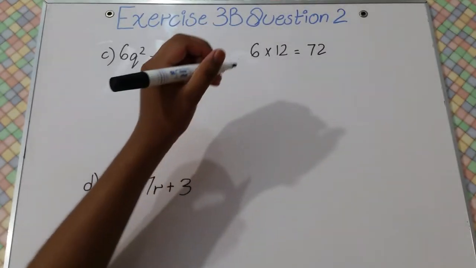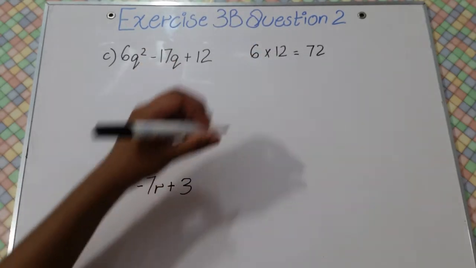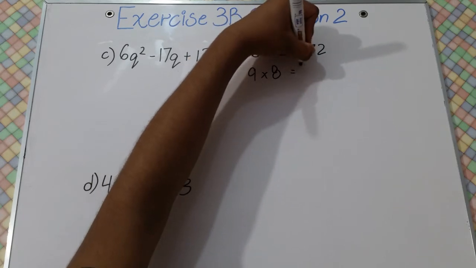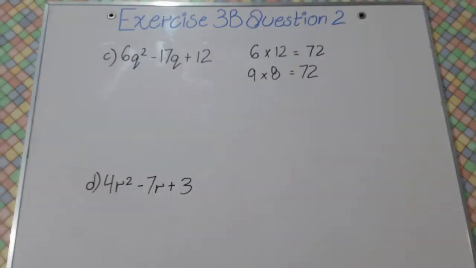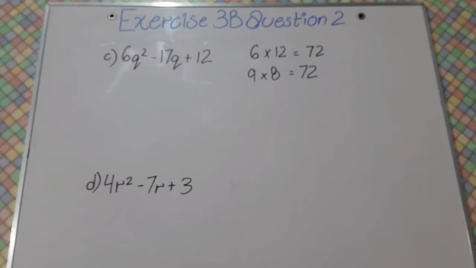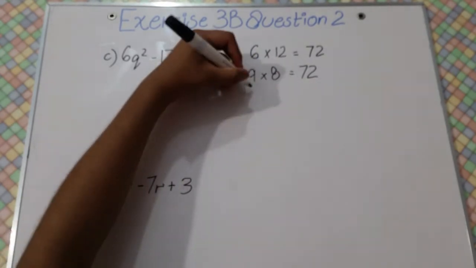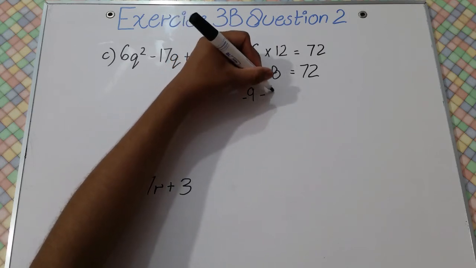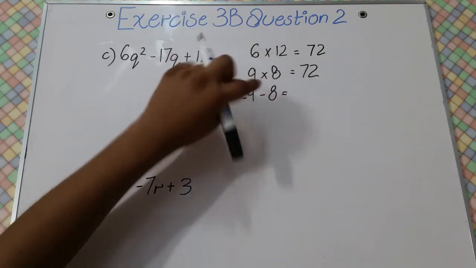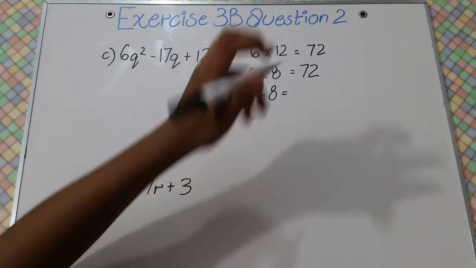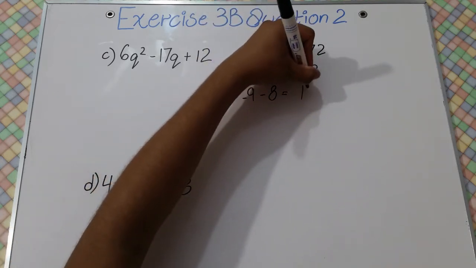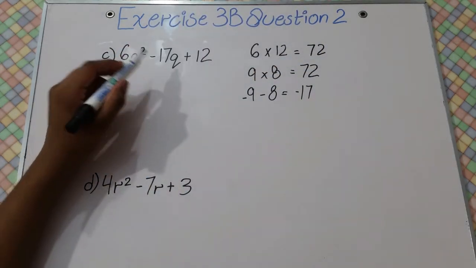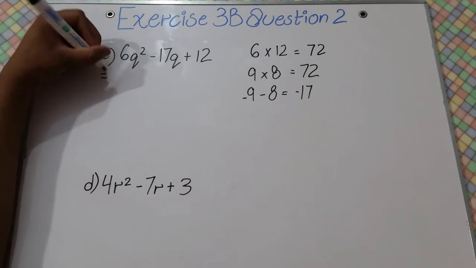Let's see, if we multiply 9 with 8, it is 72. Both would be negative, so minus 9 and minus 8, and minus minus would be plus, 9 plus 8 is 17, negative 17, and we need the value in negative. So I think it's the perfect middle term.